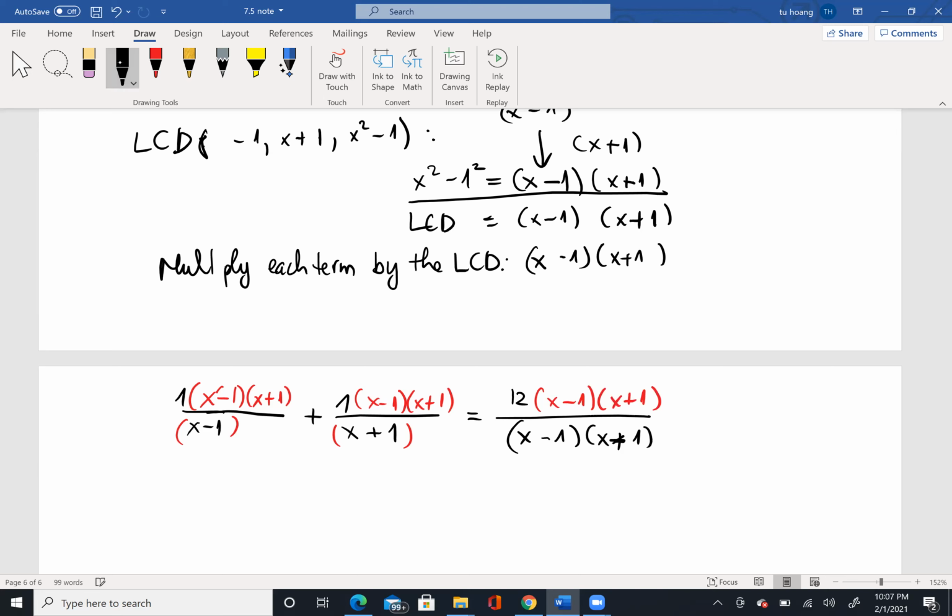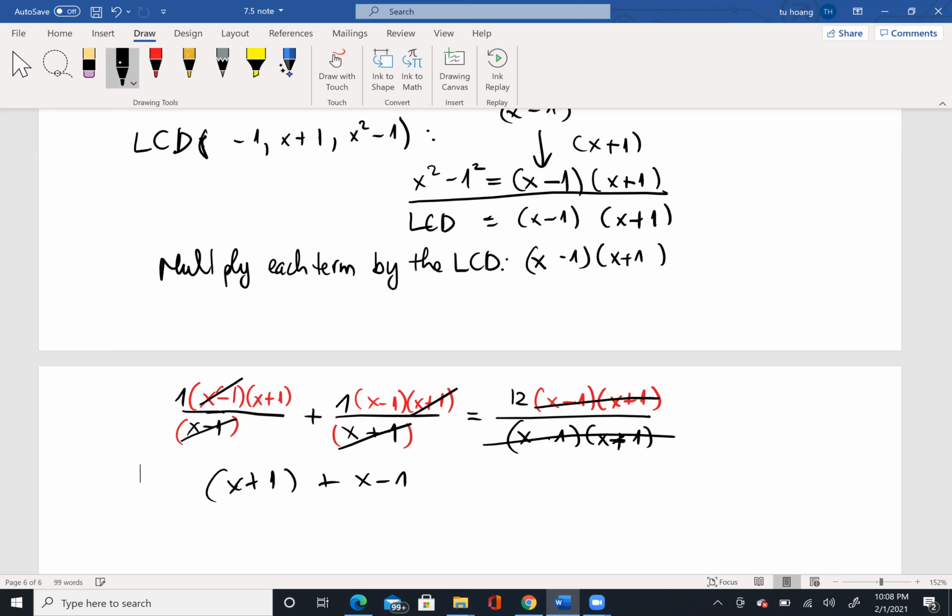So you can cancel x minus 1 for the first term, x plus 1 for the second one, and both x minus 1 and x plus 1 for the last term. And now you're going to have 1 times x plus 1 plus, this is going to be just it. So x plus 1 plus x minus 1.